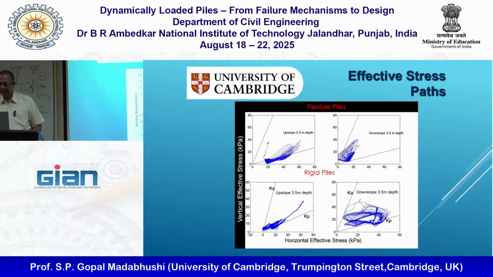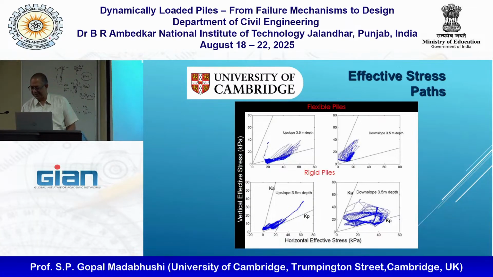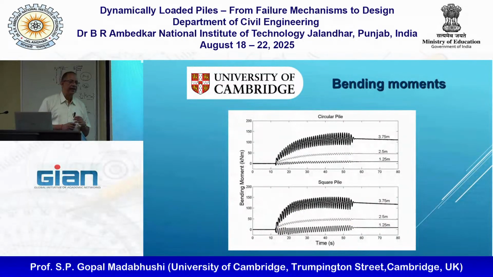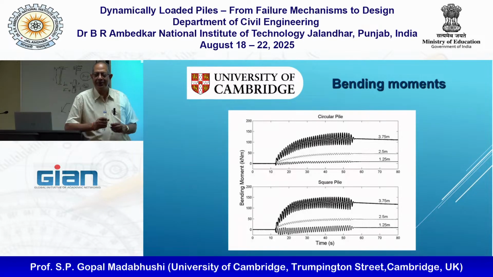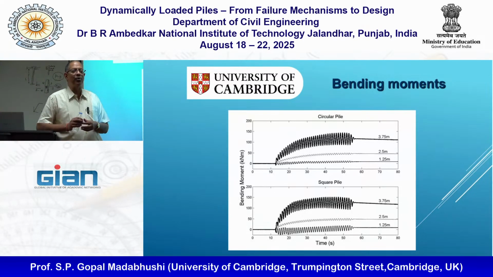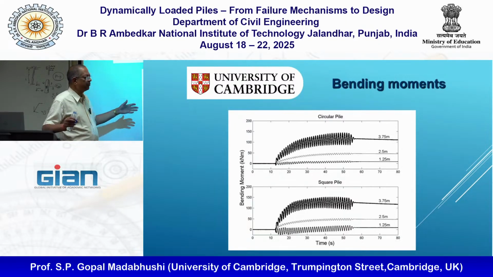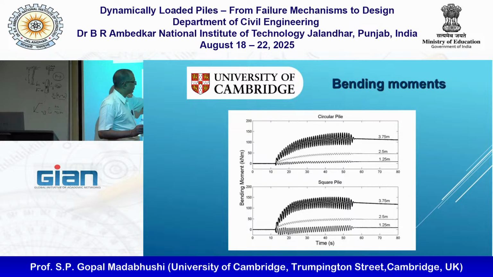Now, from a design point of view, like most structural engineers, they don't really care for pore pressures, earth pressures. All that is for geotech people to worry about. What they want is bending moment. Will my pile take this or will it fail? So we obviously want to measure the bending moment. I've shown you the gauges, and these are at different depths along the pile: 1.25 meters, 2.5, 3.75.